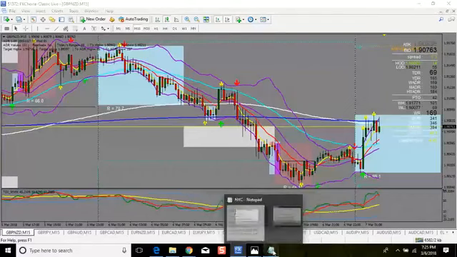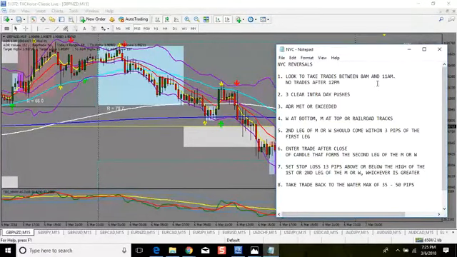Okay, so if you look at the rules there, you're trading between 8 and 11, no trades after 12. 8 and 11 is best, but you can extend that for another hour until 12. After 12, though, you probably shouldn't take a new trade. 3 clear intraday pushes, ADR met or exceeded, W at the bottom, right, or railroad tracks, which we've seen here both in that scenario. Second leg of M or W comes within 3 pips of the first leg.